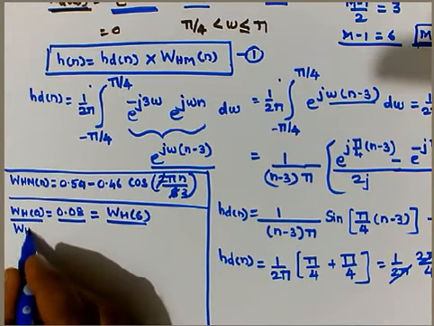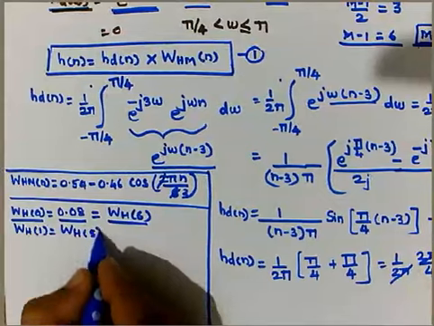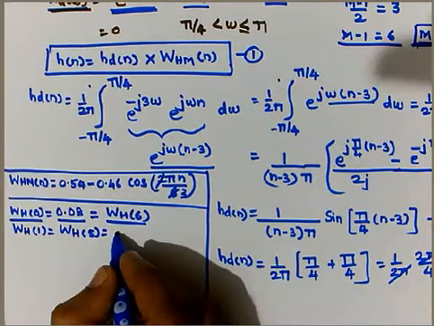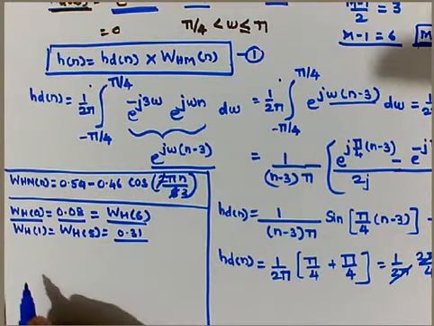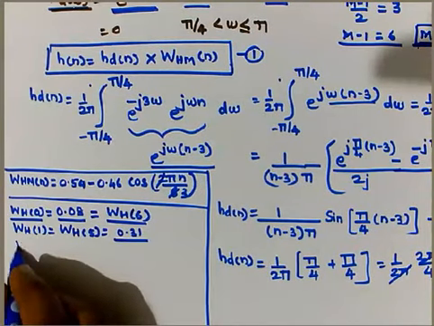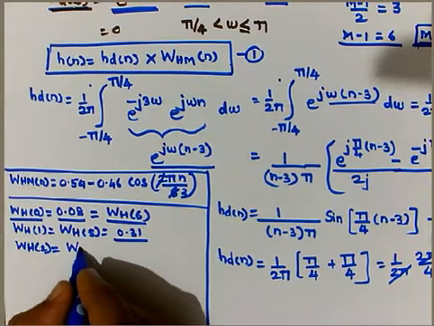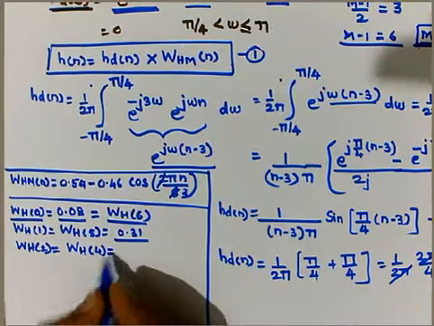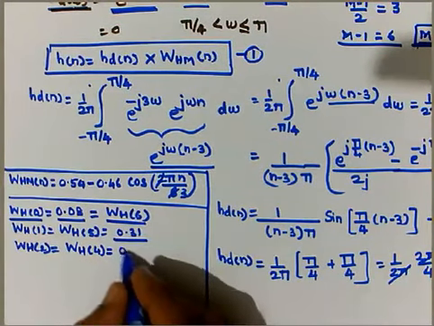Similarly, WH of 1 is same as that of WH of 5, which is nothing but the value 0.31. So you can cross check all these values by putting the respective value of n. But what about WH of 2, which is same as that of WH of 4, which is nothing but the value 0.77.